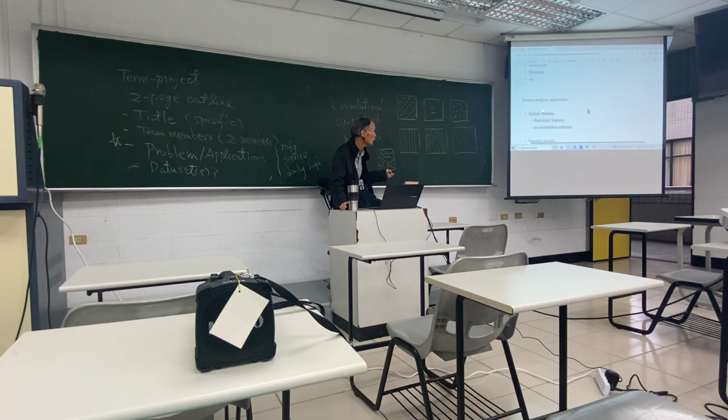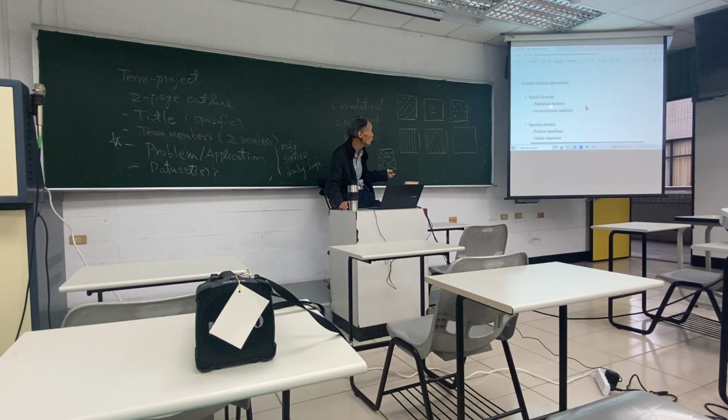So as I mentioned here, to extract the features, you can start from the spatial domain, which is the original input image, or you can convert the spatial image into a spectral domain.